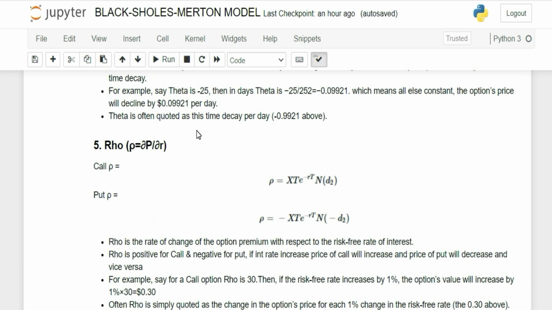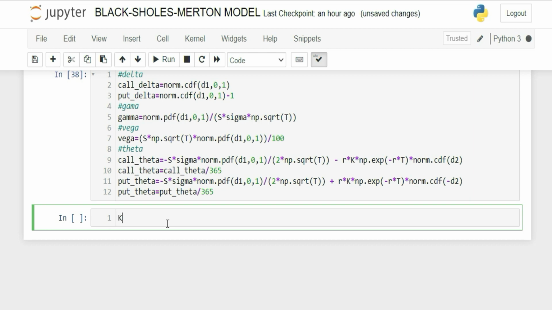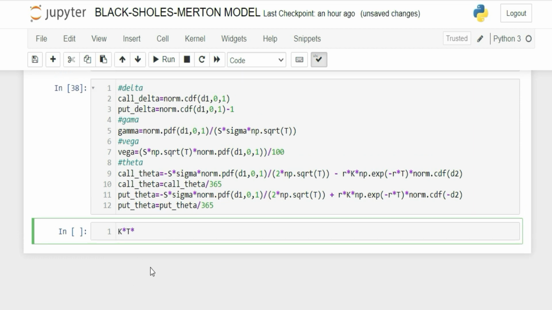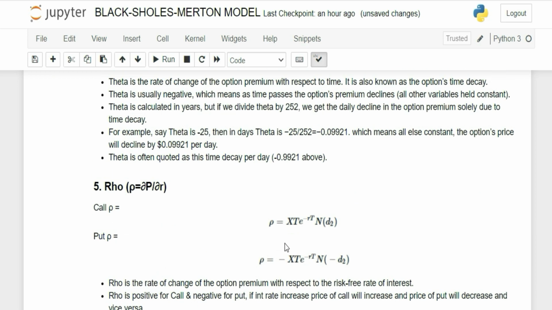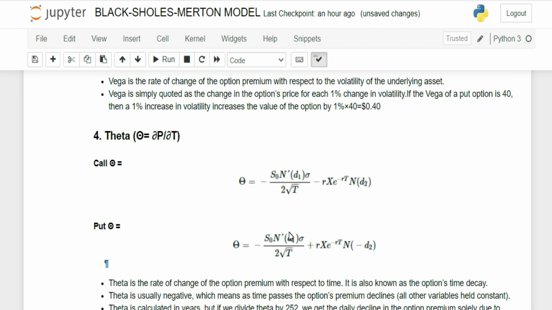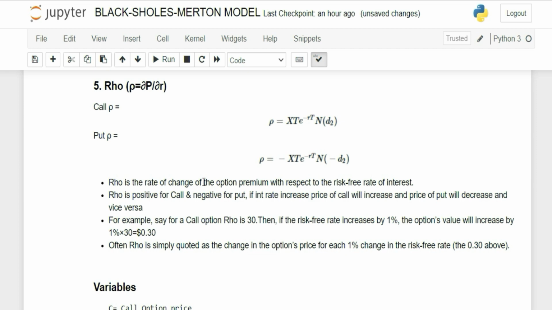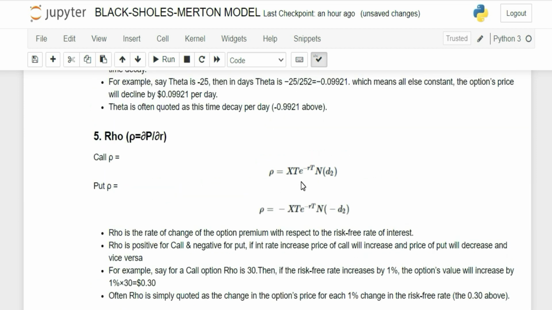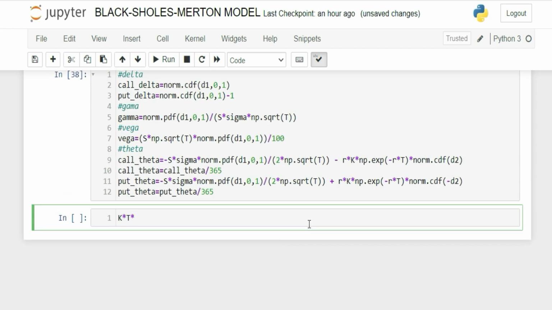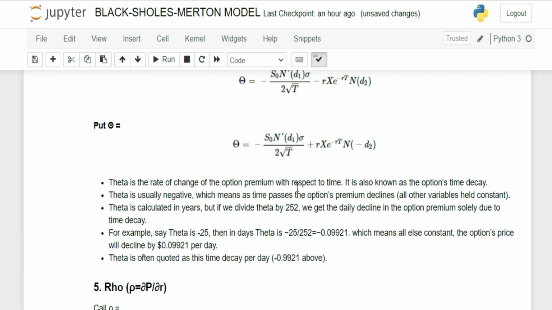Okay, so rho is simply K into T into e to the power rt, so K into T into np.exp of minus r into T, that multiplied with your N(d2).